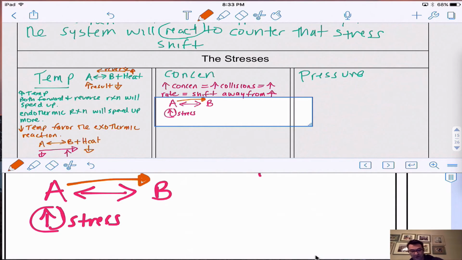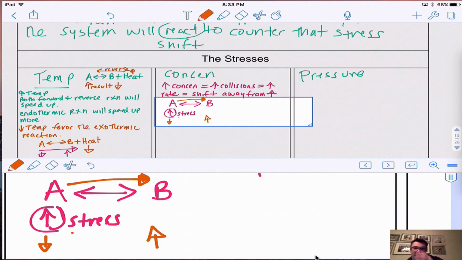That will cause a shift to the right, making more B. As a result, B will increase and A will decrease from whatever was stressed. So let's say that I increased A twofold, what will end up happening is I will use up some of that A that I added.